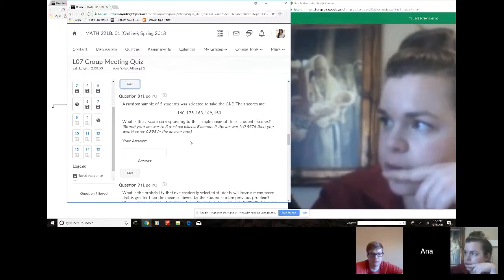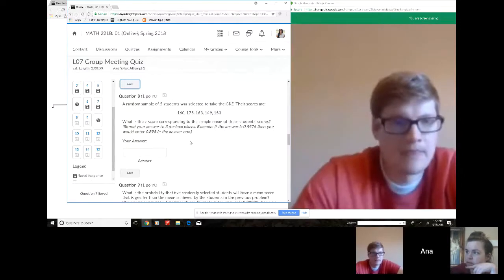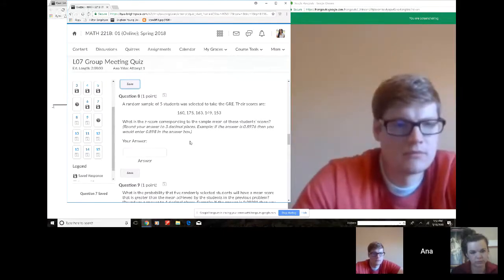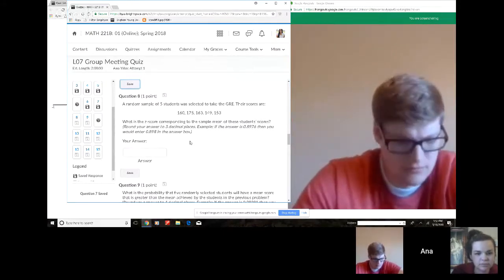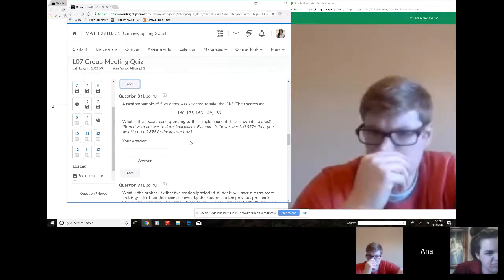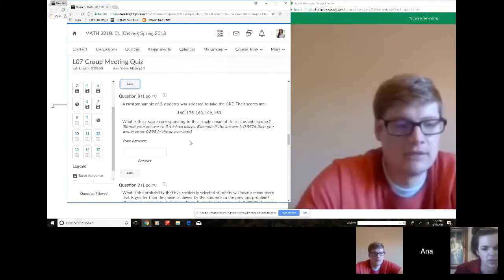You have to find your sample deviation. So you take the population deviation and divide that by the square root of the number of samples, in this case 5, because it's a random sample.